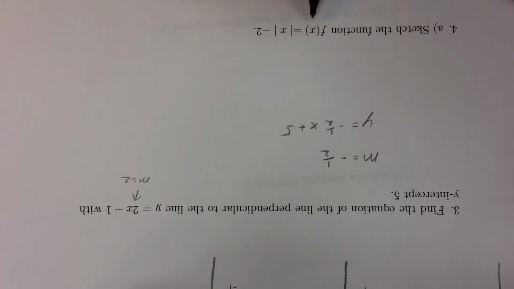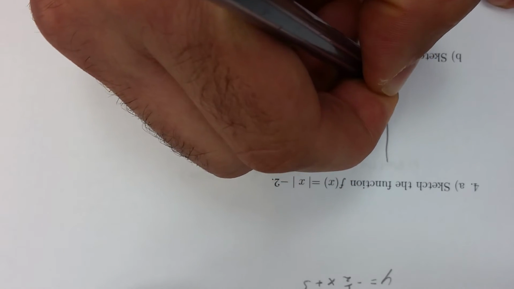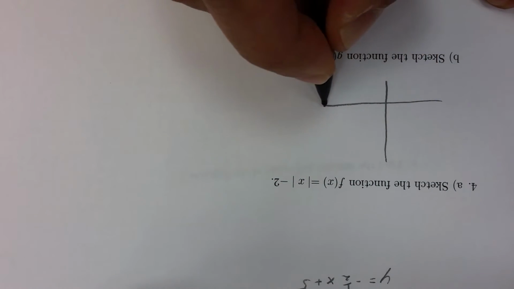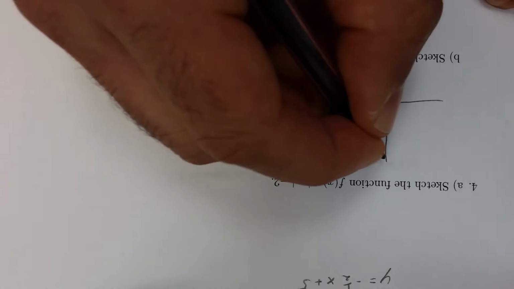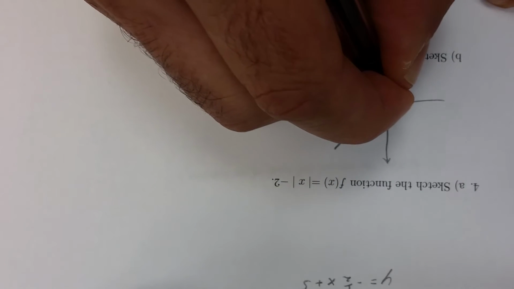Now, let's sketch the function f of x equals the absolute value of x minus 2. So we'll start off with the function whose graph we know well. Y equals absolute value of x.